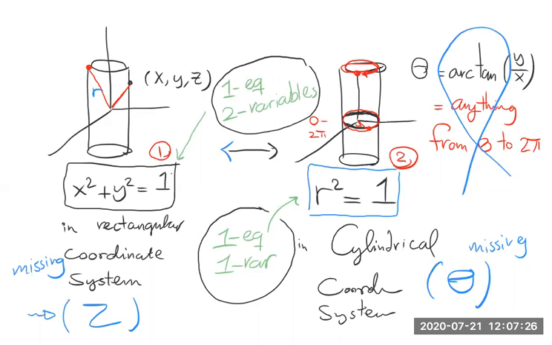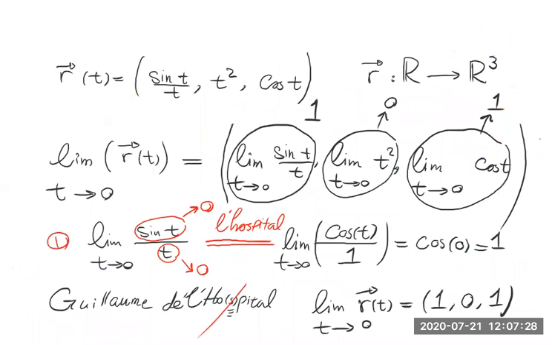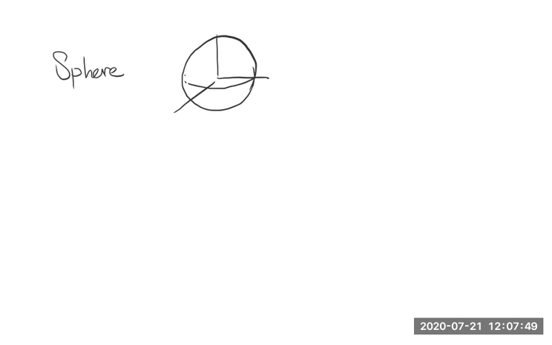Okay, let's look at some other examples. Let's look at other surfaces and try to write down the equation of some of them. Let's see if we can do that. So we had the sphere. Suppose the sphere with radius 1 around the origin.